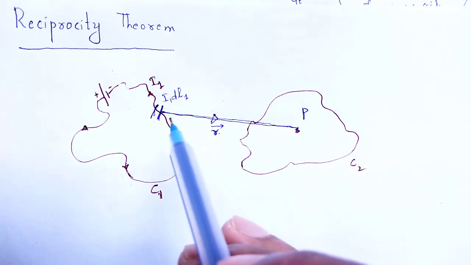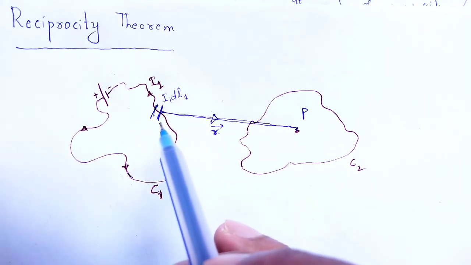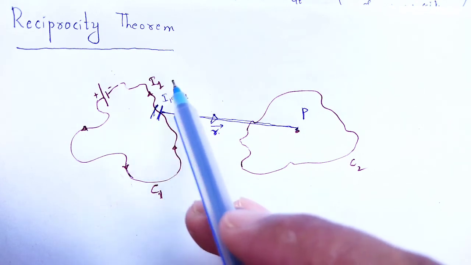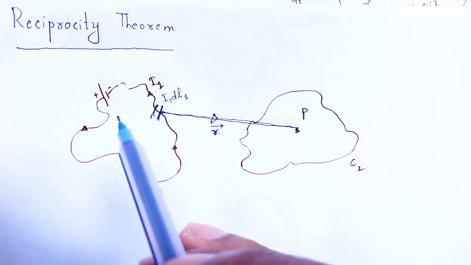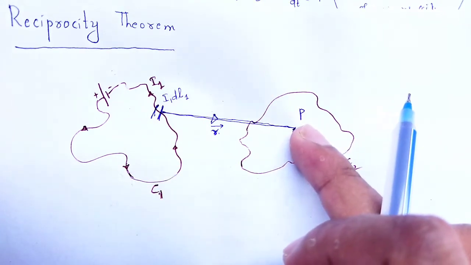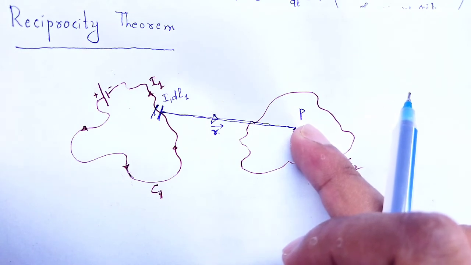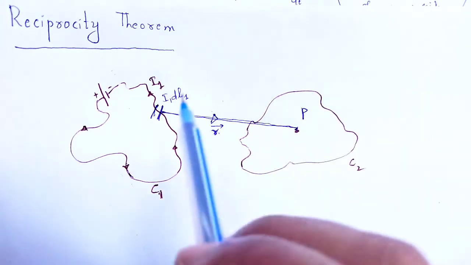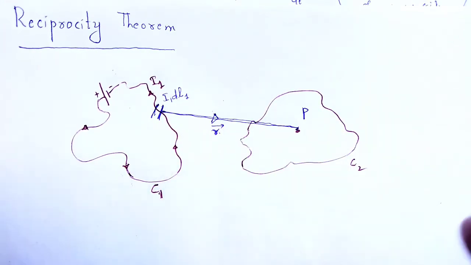Now due to that current element, a magnetic field is produced at point P. Here we calculate the magnetic field at point P due to that current element by using Biot-Savart's law.